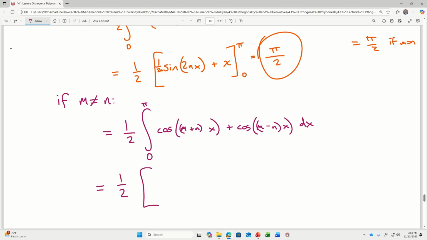What's my antiderivative of cosine here? Sine, and 1 over m minus n sine of m minus n x.